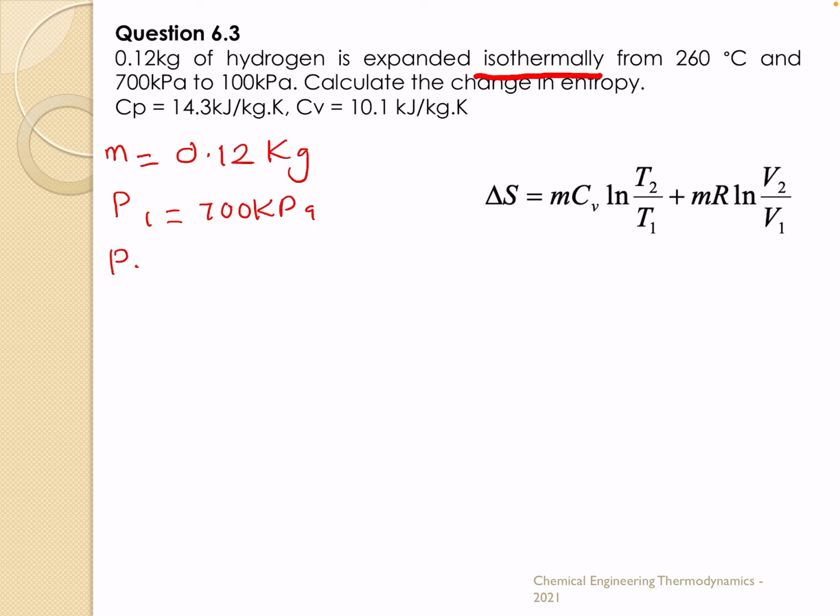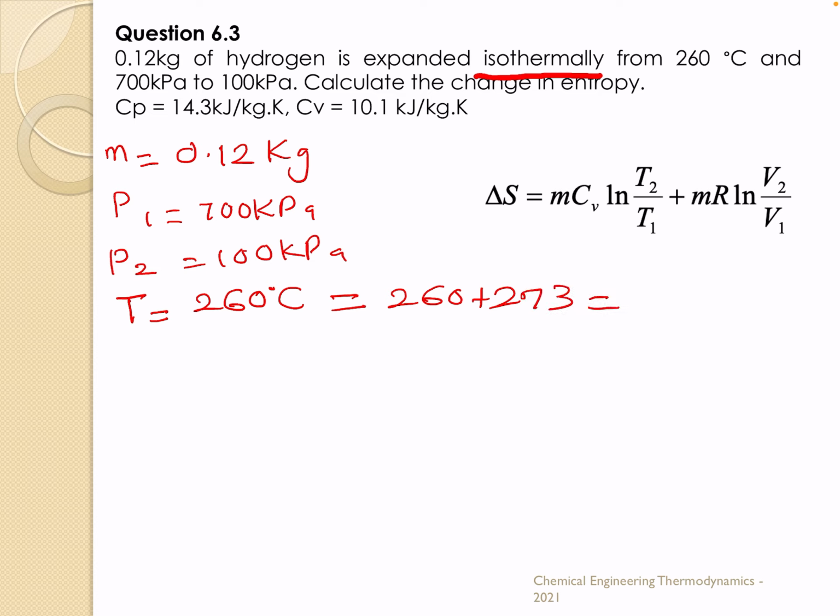We have P2, which is 100 kPa. And then we have our T, which is equal to 260 degrees C, but remember it needs to be converted to Kelvin, which will be 260 plus 273, giving us 533 Kelvin.